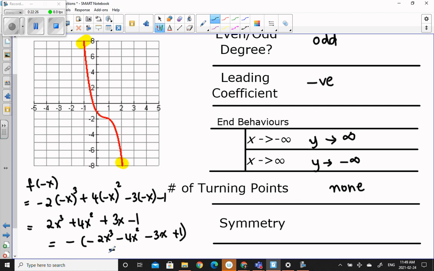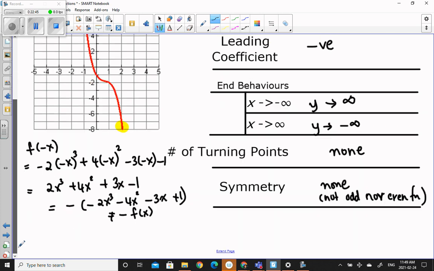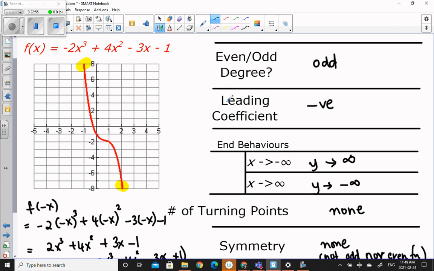And that's not equal to negative f of x or f of x. So it is neither an even nor an odd function, so it's none. It goes from quadrant 2 to quadrant 4, which makes sense because its leading coefficient is negative.